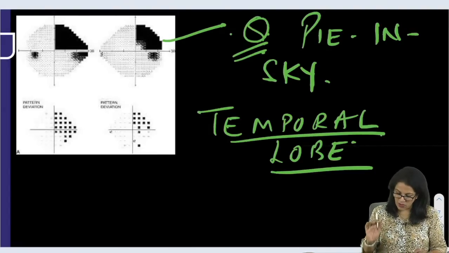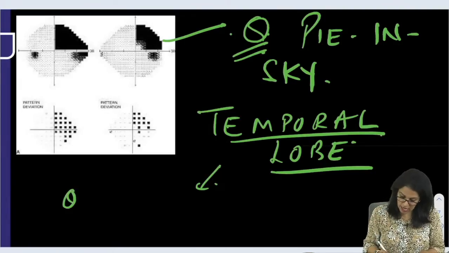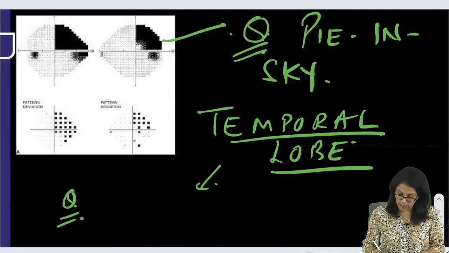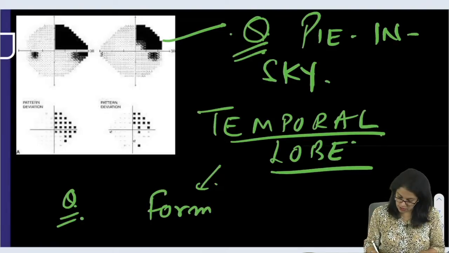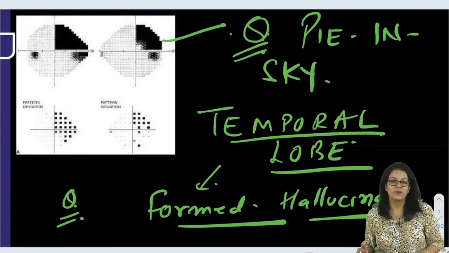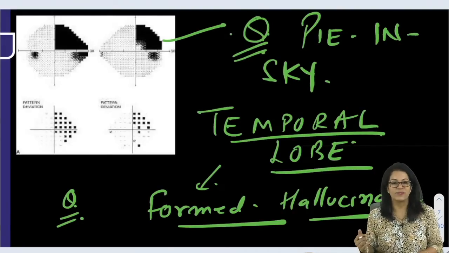Another important thing to keep in mind, this was asked again in the INI-CET question: in a temporal lobe lesion you can get formed hallucinations. You must know more detail about temporal lobe lesions, you must be remembering more than me also.